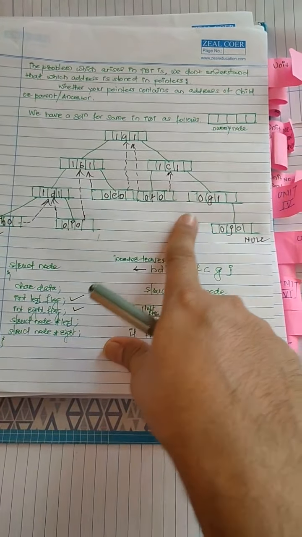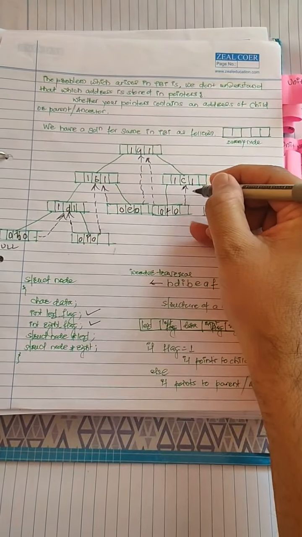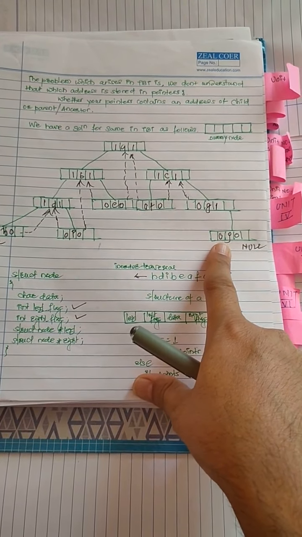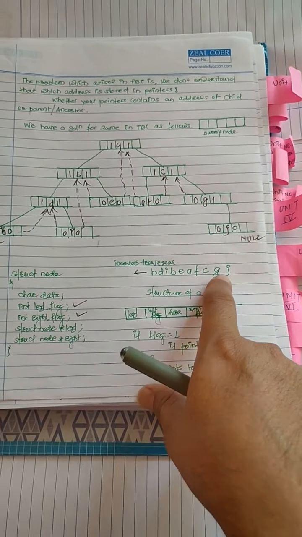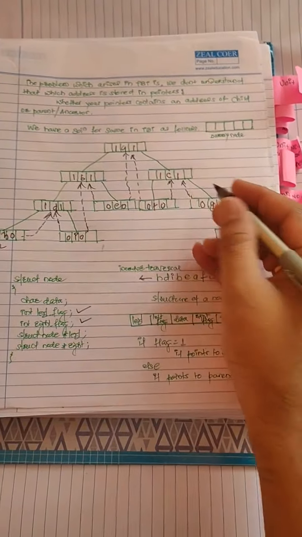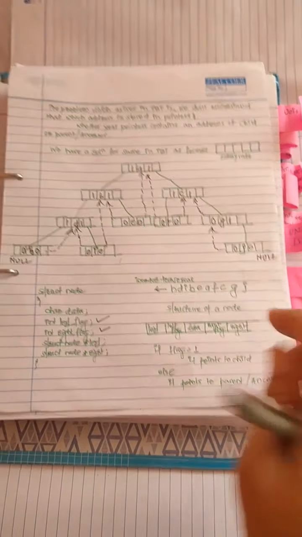Then G, the left pointer will point to the inorder predecessor, so it will point to C. And the left pointer of J will point to the inorder predecessor, that is G, so it will point to G. Correct? What is remaining?